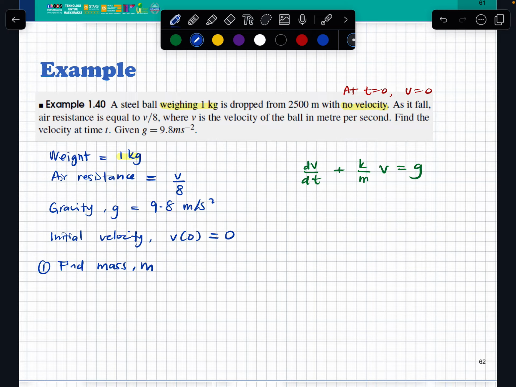So we use the formula W equal to mg. So W, the weight, is 1 kilogram, and g is given as 9.8. So your m can be calculated by dividing 1 by 9.8, and this equals 0.1020.